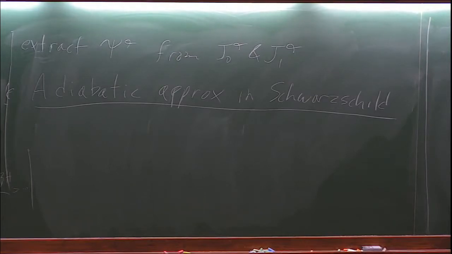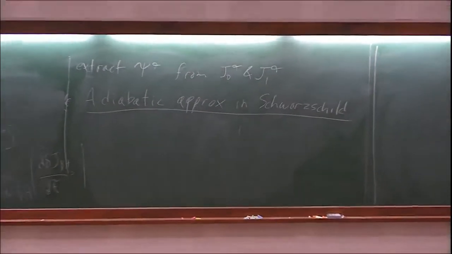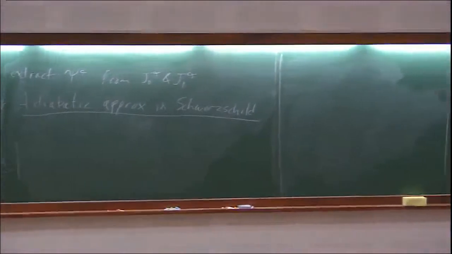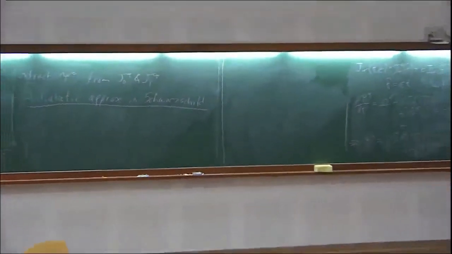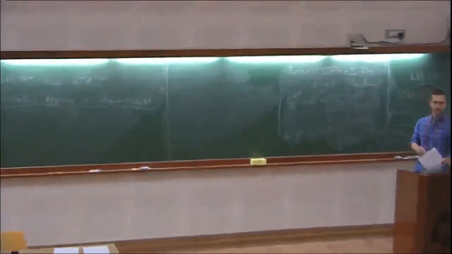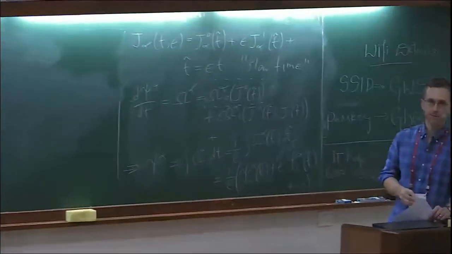So that's called adiabatic order, and then this next term is post-adiabatic order, or first post-adiabatic order. So the resonances, if you only encounter one, they just introduce a square root of epsilon term here. So they're post 1/2 adiabatic order.